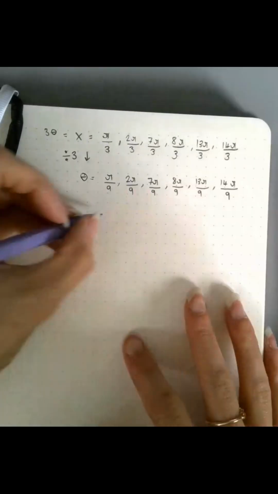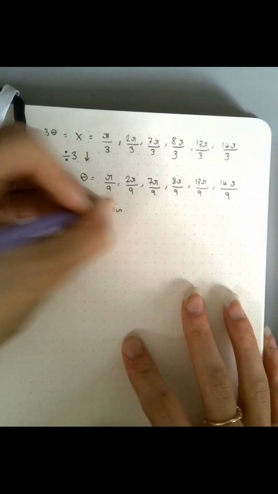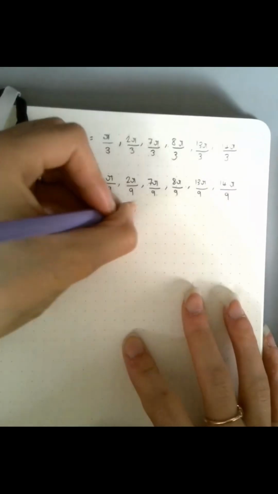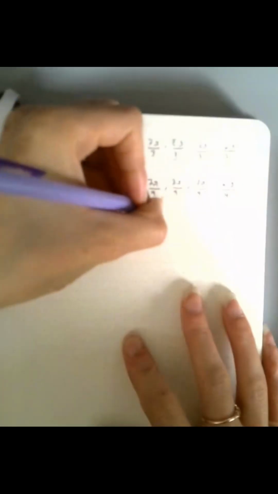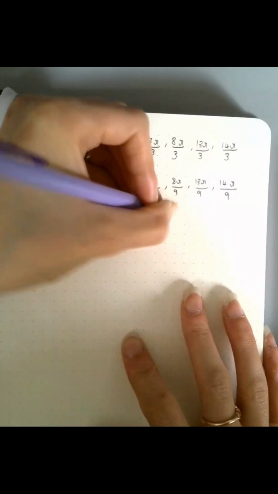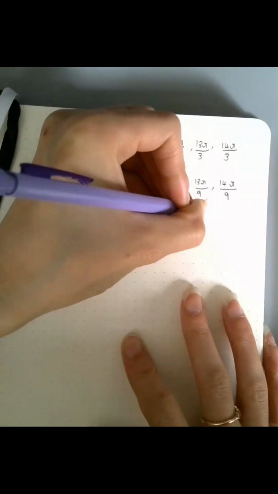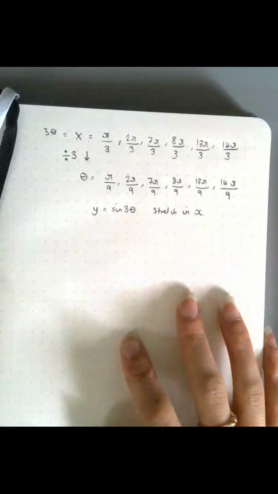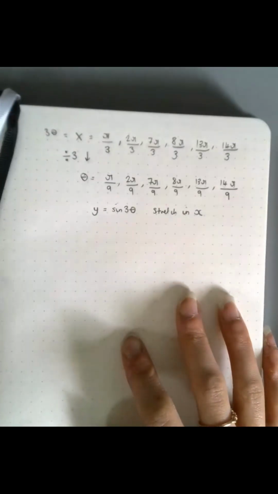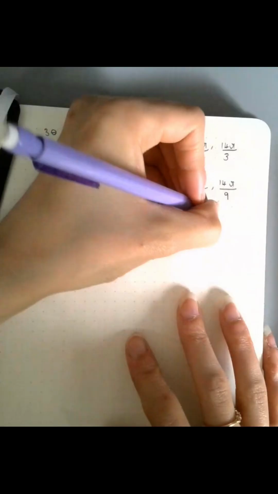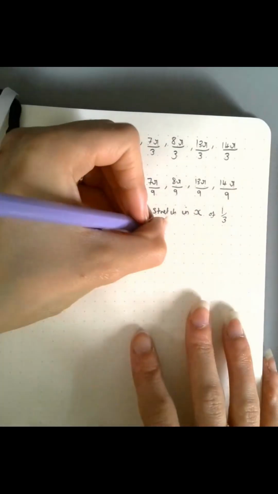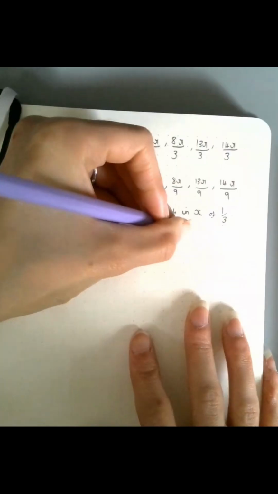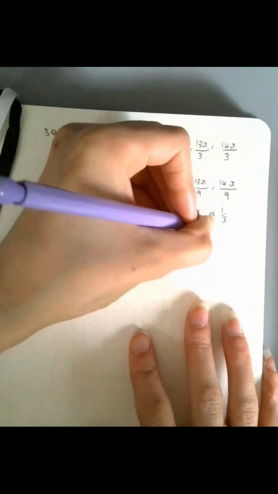So think about the transformation of sine 3 theta. That is going to be a stretch in x, and remember, for x we do the opposite, so it's going to be a stretch of a third, meaning it's going to get smaller. So all our x values we are going to divide by 3.